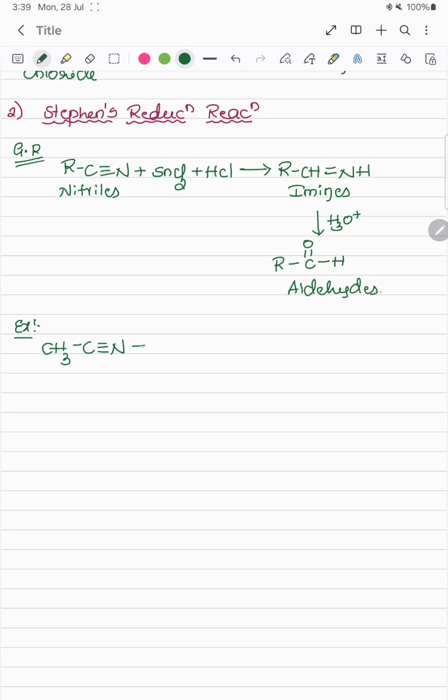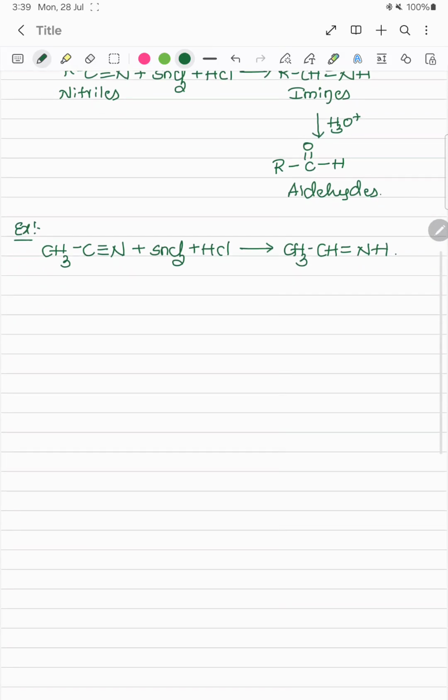Then when you are using SnCl2 and HCl, Stephen's reducing agent, you will be getting CH3 CH double bond NH. As usual, the compounds are called imines, which upon hydrolysis with H3O plus give CH3 C double bond OH. This compound we call ethanal.